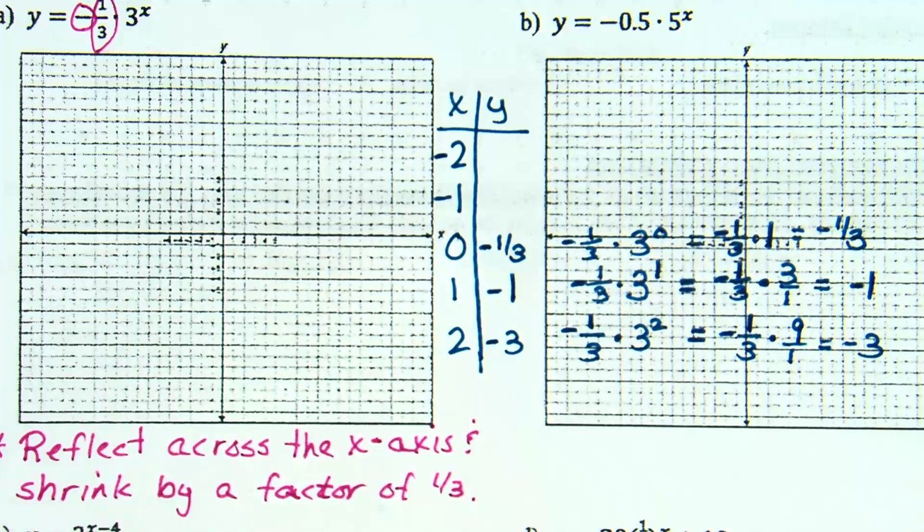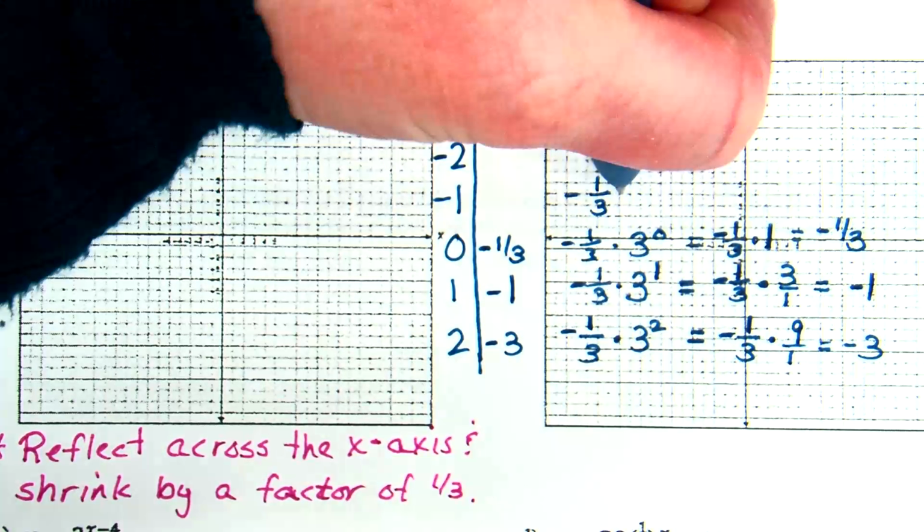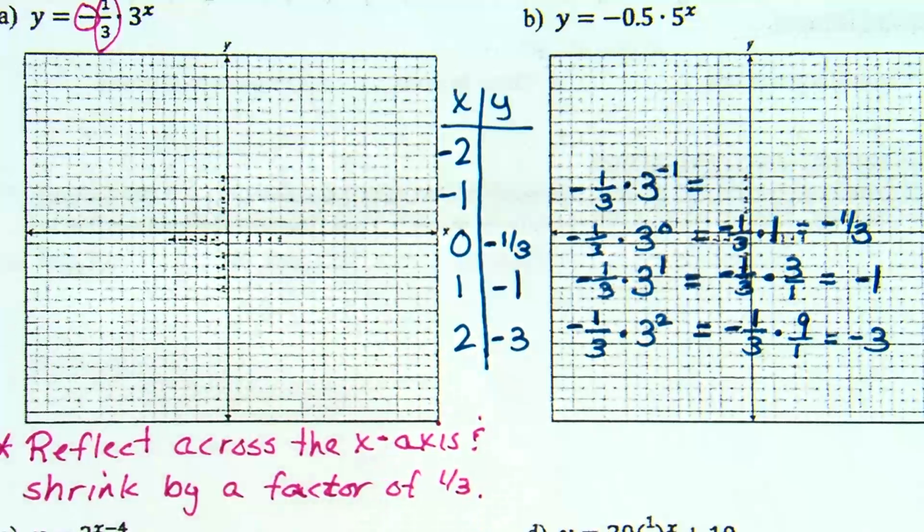Okay. Put in the negative 1. We got to do those negatives now. You got your warm-up time. Negative 1/3 times 3 to the negative first. How do I deal with 3 to the negative first? What do we do with the negative exponent? Put it in a fraction, right?